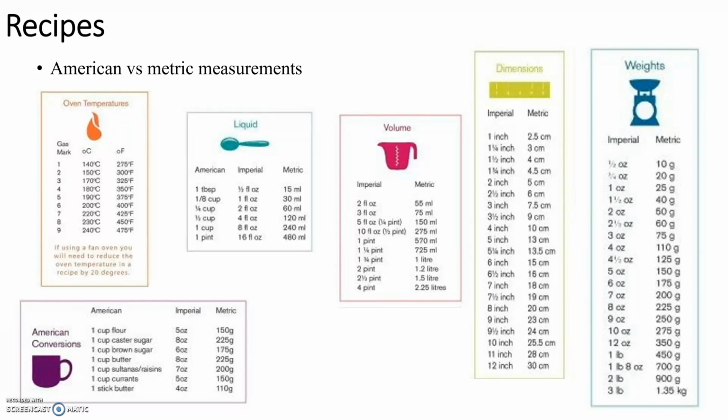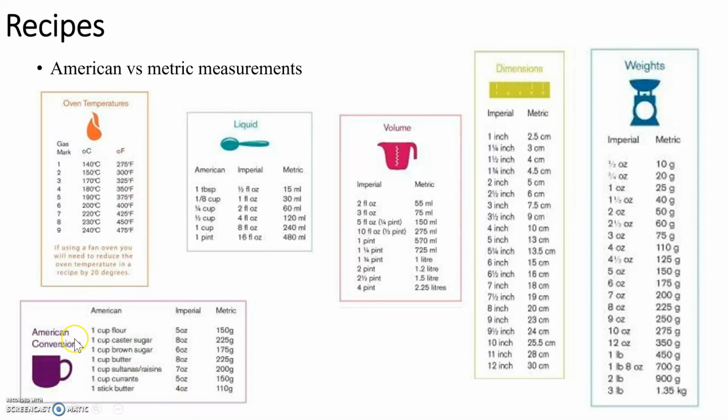In the US, we typically use measurements such as cups. This also comes into play when you're looking at temperatures in which something is cooked and also dimensions of a pan that you're using. These are some examples of some of the unit conversions between the American and the metric system. Our oven temperatures, we've done these conversions between Celsius and Fahrenheit.